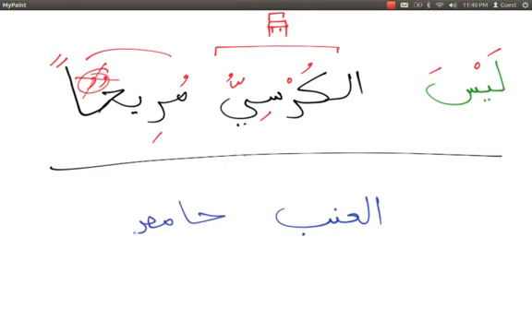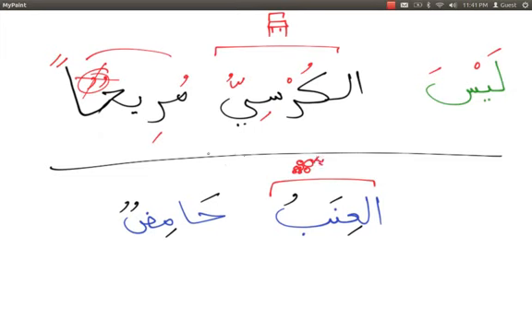The sentence that I'm writing is العنب حامض. The word عنب means grapes.